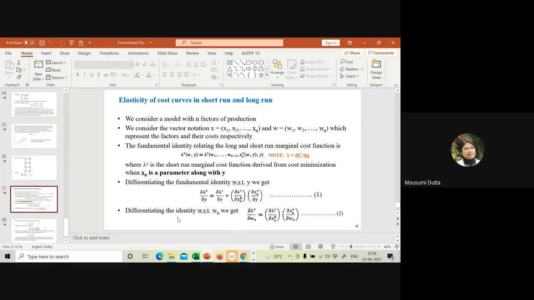So we can rewrite equation 1 as del lambda star by del y is equivalent to del lambda s by del y plus del lambda star by del Wn. I am repeating, del lambda star by del y is equivalent to del lambda s by del y plus del lambda star by del Wn. So if I take the difference, del lambda star by del y minus del lambda s by del y, that will be equivalent to del lambda star by del Wn.